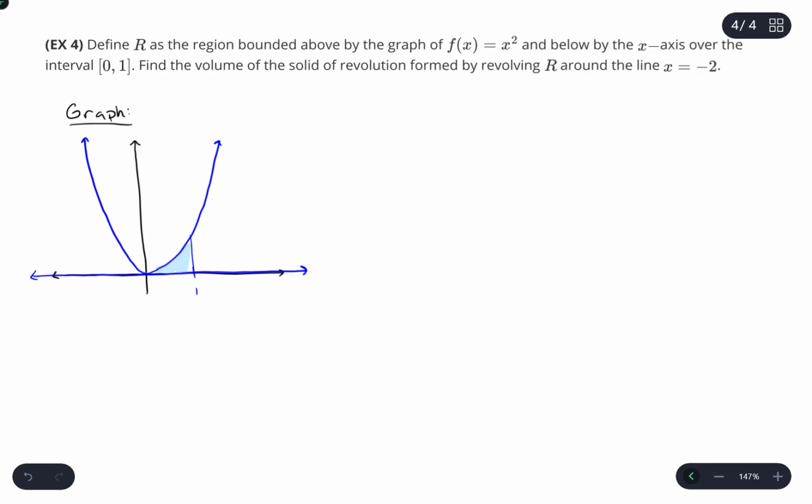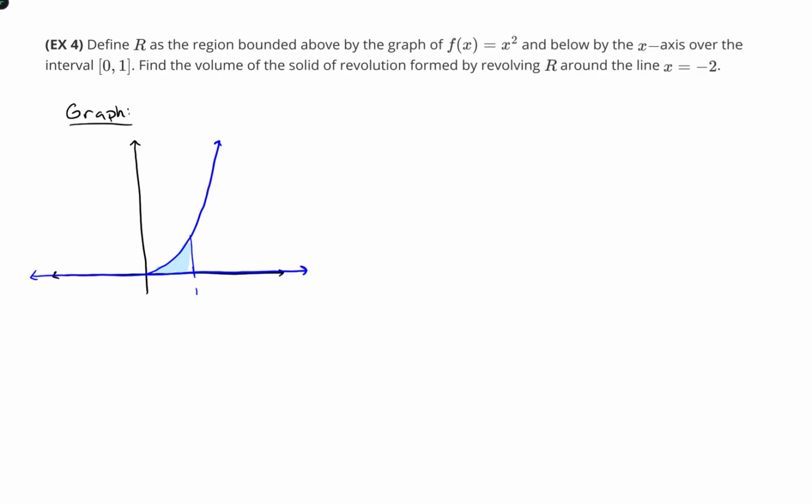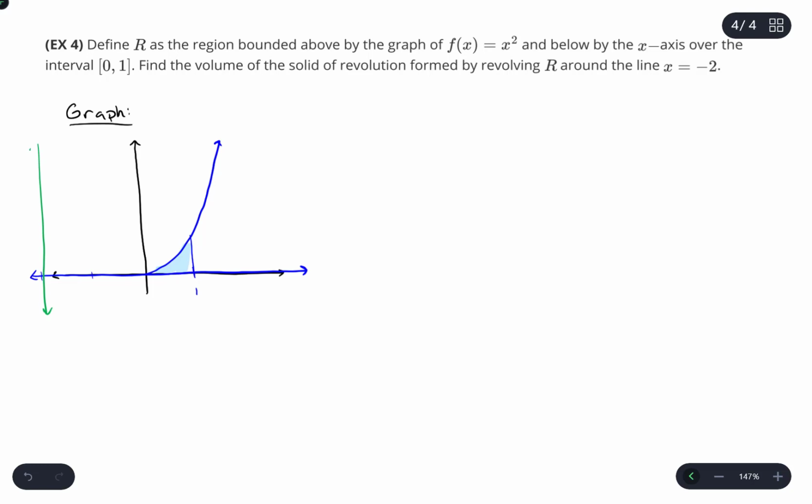And you know what, I think I'll go ahead and erase this side because we don't really need that. We're rotating now around the line x equals -2. So here's -1, -2. So this is my axis of rotation now. And we'll see what that changes.